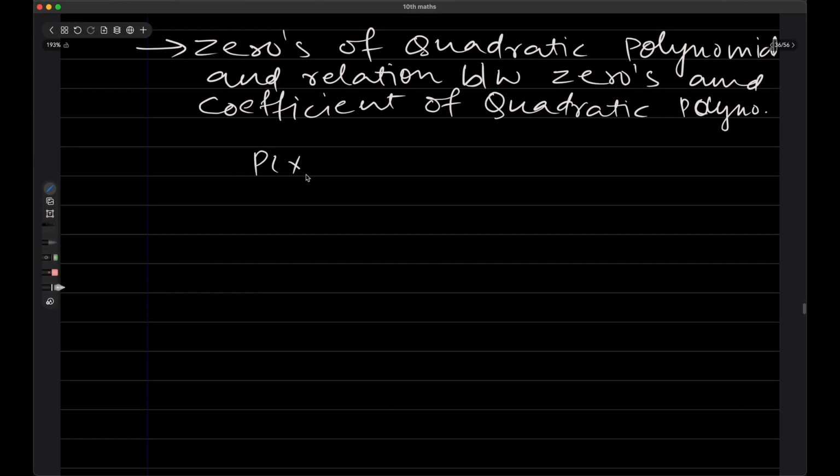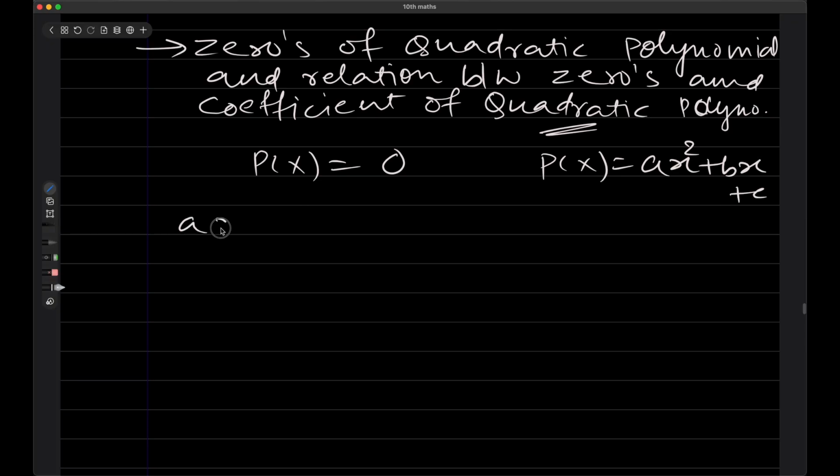We have to find p of x equals 0, and for a quadratic polynomial we know that p of x equals ax square plus bx plus c. So we have to find ax square plus bx plus c equals 0.